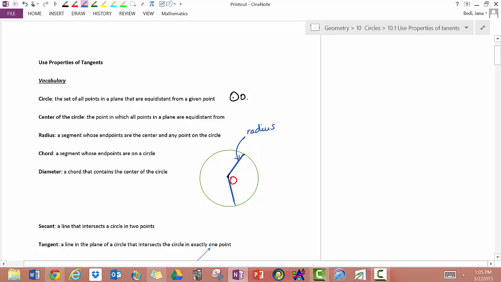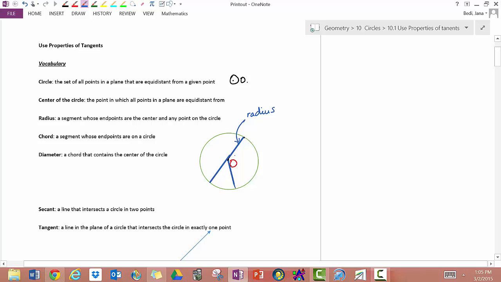So radius. A radius is half the length of a diameter. So if I draw another radius which is collinear with that radius, I get a diameter.